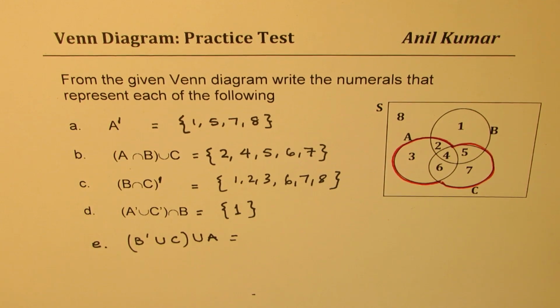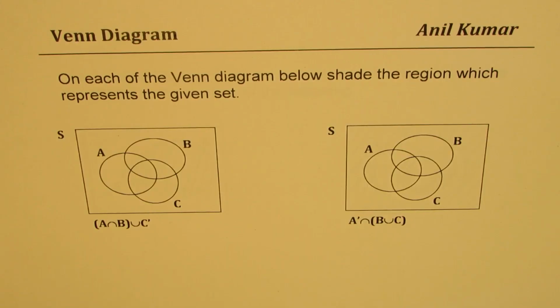So let's move on and take the next question, where we'll try to fill in or shade the Venn diagram from the given conditions. So I've taken up two Venn diagrams here which you need to shade. The question here is, on each of the Venn diagrams below, shade the region which represents the given set.